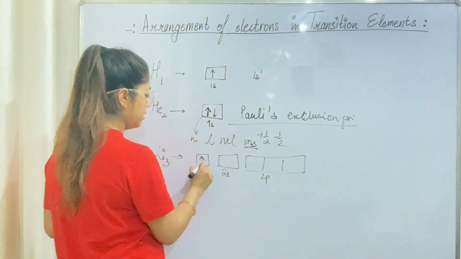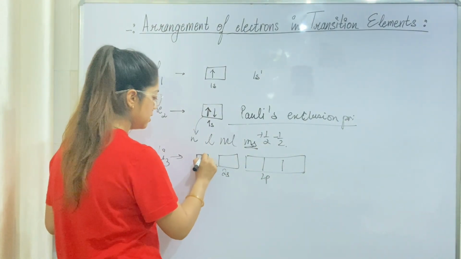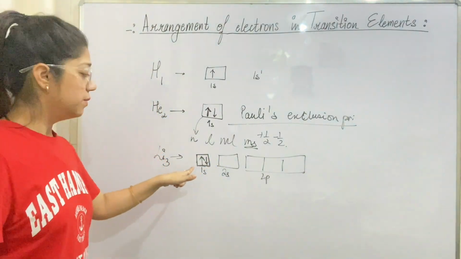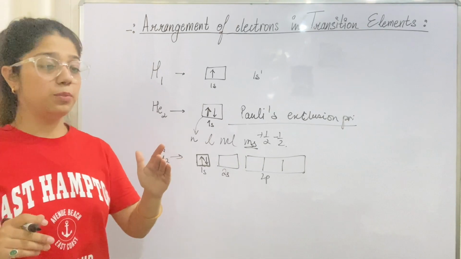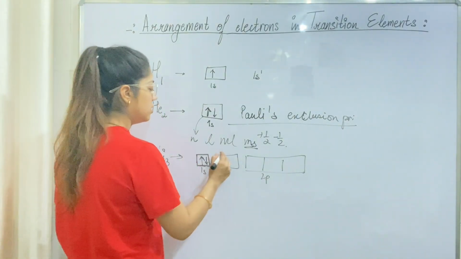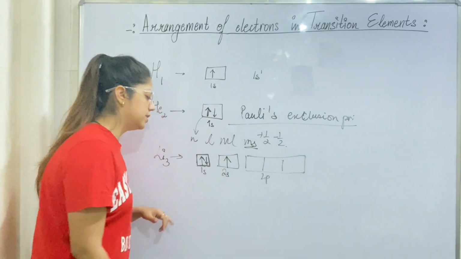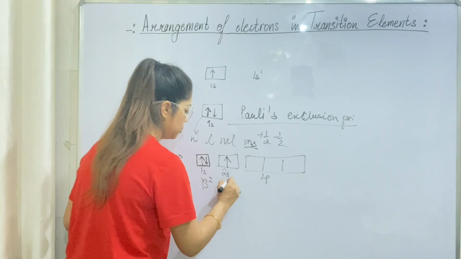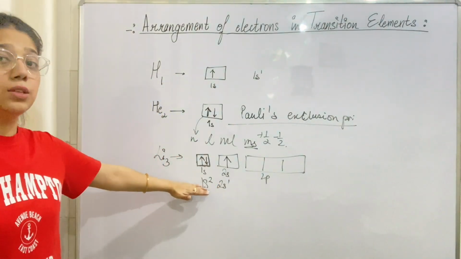And then now it is filled. Now the second one will also go in this one, because one orbital can accommodate up to 2, right? And now the third one will go here in 2s. So we can say the configuration is 1s2 and 2s1. I hope this is clear to all of you.